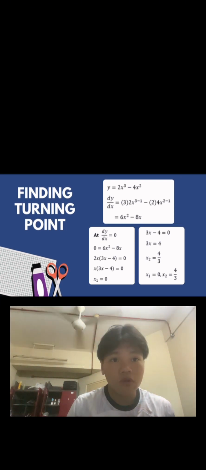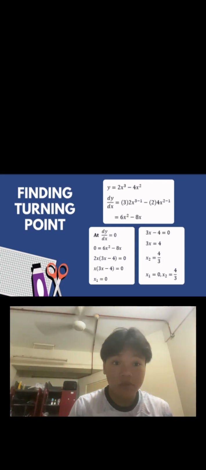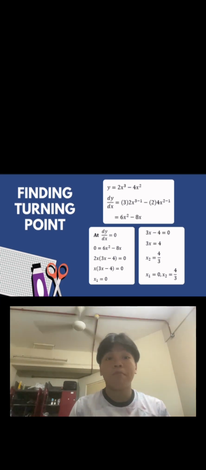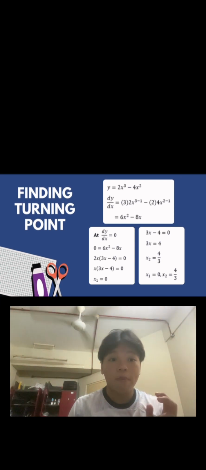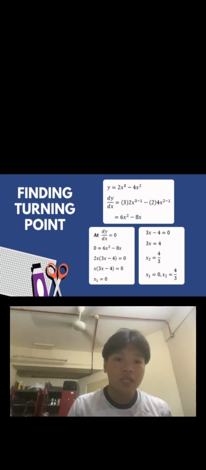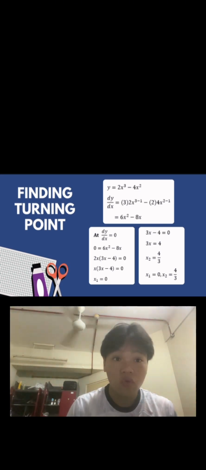To find x2, we take the bracket 3x - 4 = 0, and then we transfer the numbers to get x. Negative 4 transfers to the right side and becomes positive 4, and the 3 multiplying x transfers to the right side as division. So the final answer for x2 is 4/3.